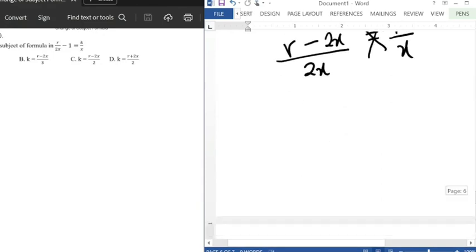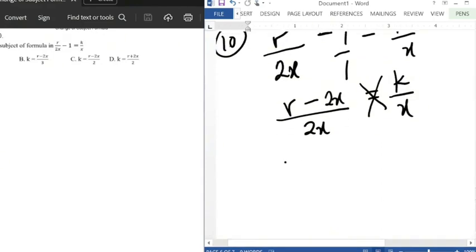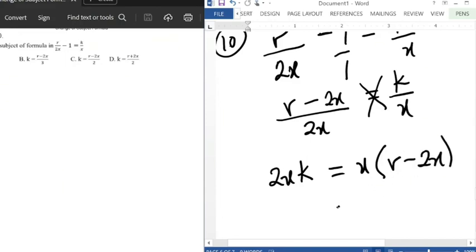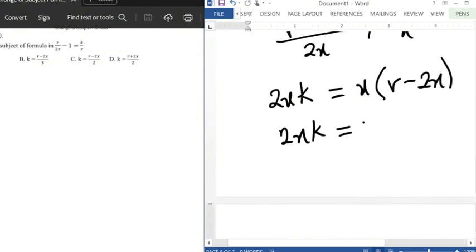When we cross multiply, we're going to have 2x times k equals x into bracket r minus 2x. So we can open this, or we still leave it this way. Let's continue.